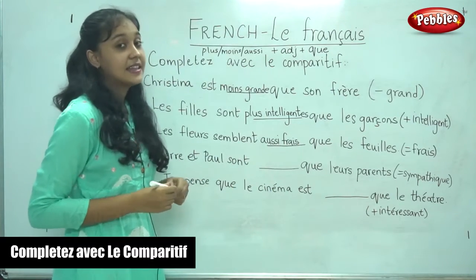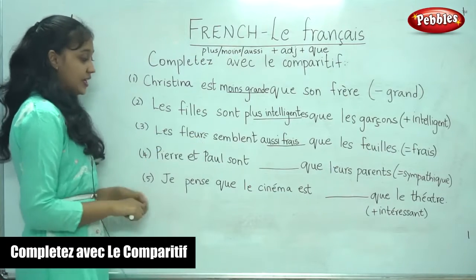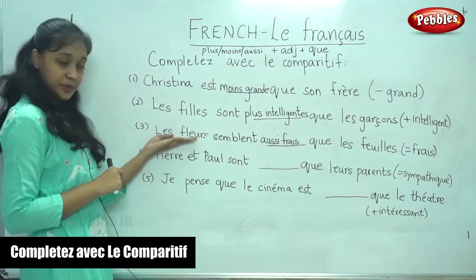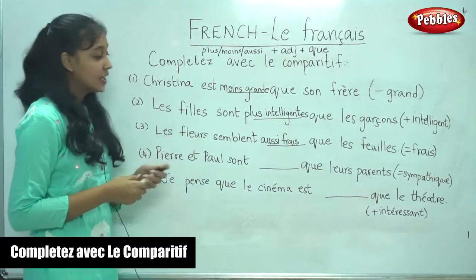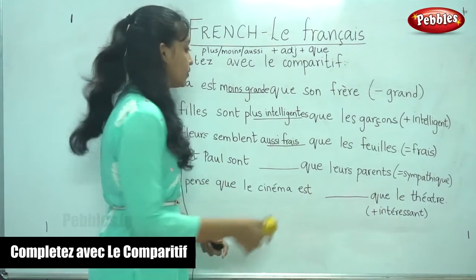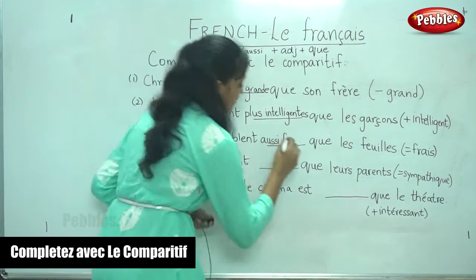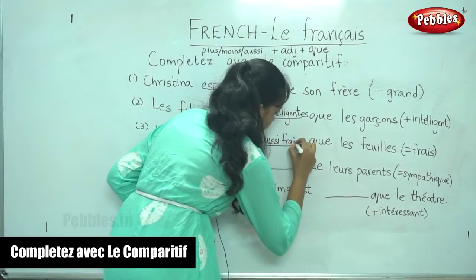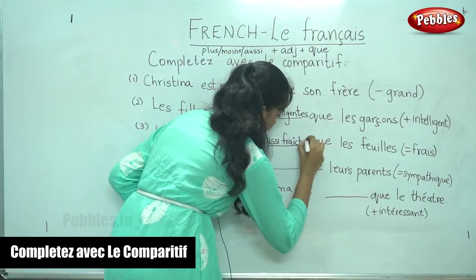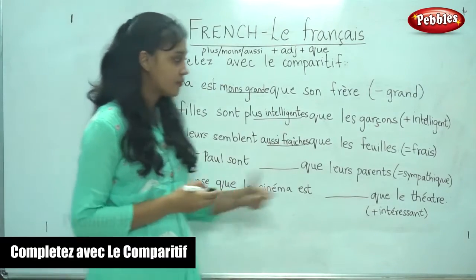And the next step is we have to look at our subject. Here the subject is feminine plural. This adjective, however, in its feminine plural form, has a slight change. This is the feminine plural form of this adjective.